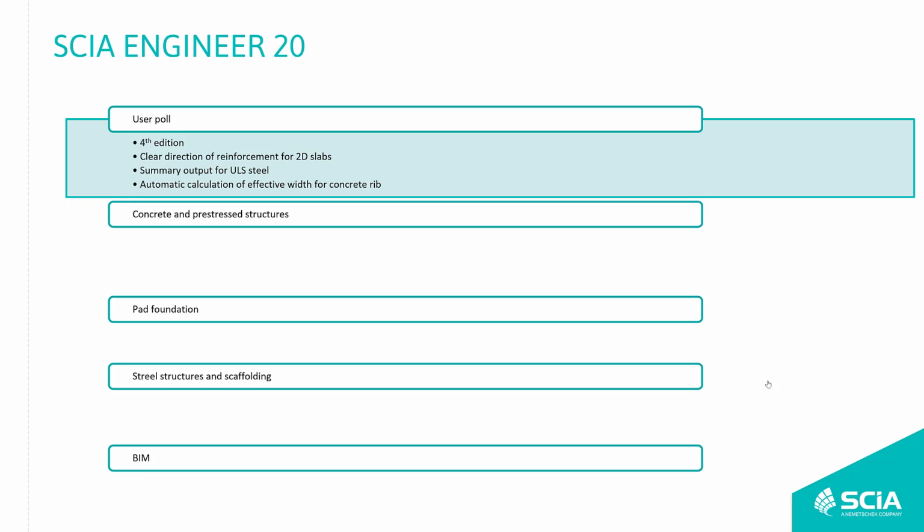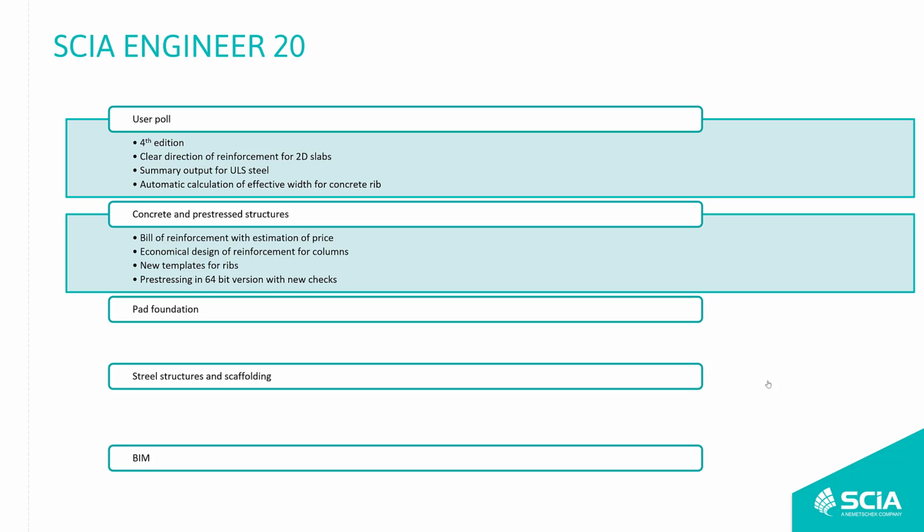In the case of concrete and prestressed structures, we have been talking about bill of reinforcement, as well as about bill of material for tendons with estimation of the price, about the economical design of reinforcement for columns, new templates for ribs to help you to create better schemes and designs, and moreover about prestressing in the 64-bit version or default post-processing environment with powerful new checks.